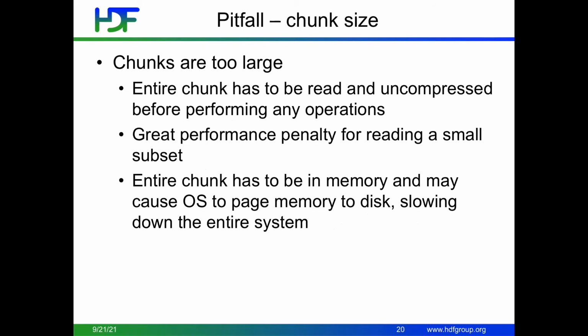If chunks are too large, then the entire chunk has to be read and uncompressed before performing any operations. So you saw that slide with the pipeline. When you read, we go through that pipeline, the whole chunk is uncompressed, placed in cache or not placed in cache. We'll see it in a minute. And it's a great performance penalty when reading small subsets, especially when you're reading small subsets again and again.